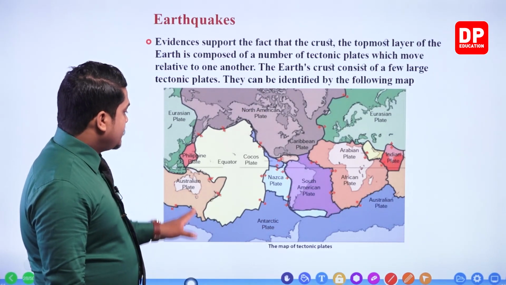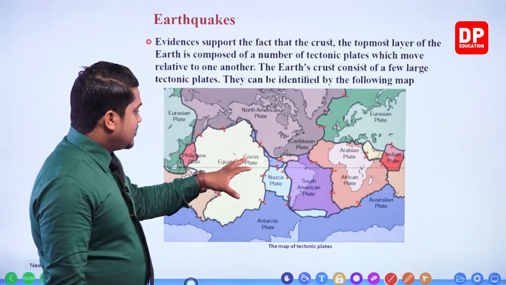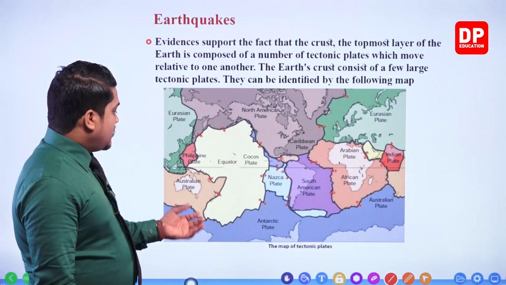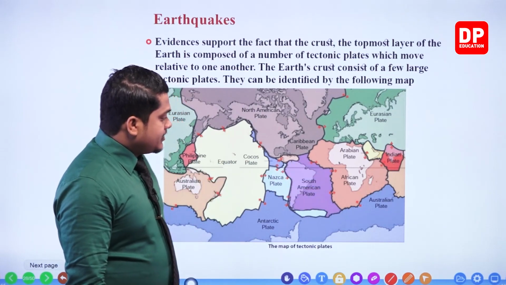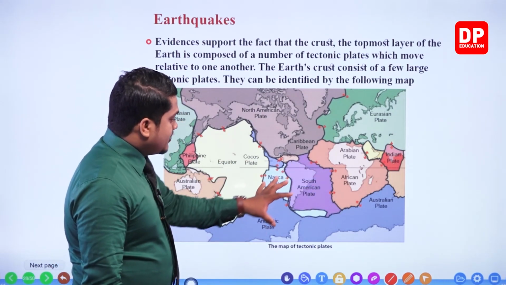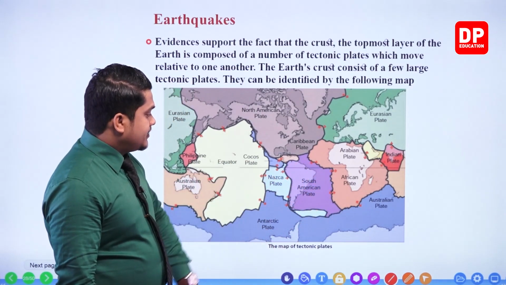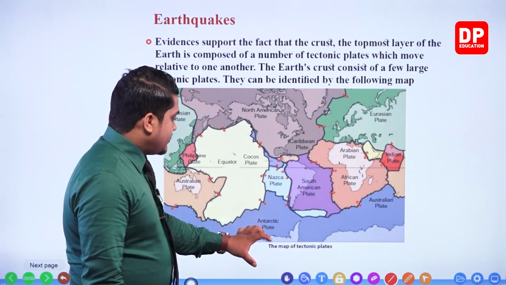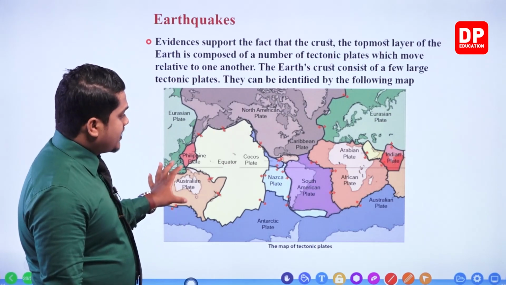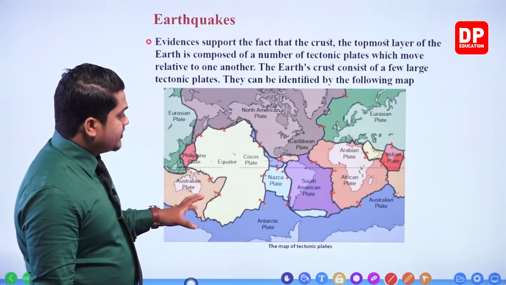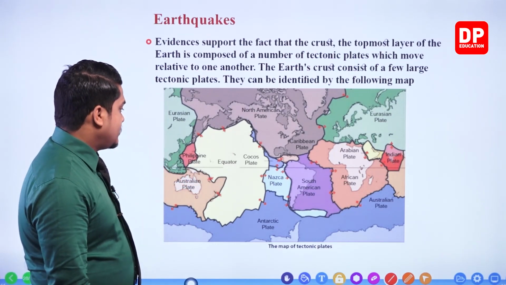Then, my dear children, the Philippine plate, the Cocos plate, the Australian plate, the Arabian plate, right? Then the South American plate, the Nazca plate and the Antarctic plate. Actually, this Australian plate is also referred to as the Indo-Australian plate, my dear children.